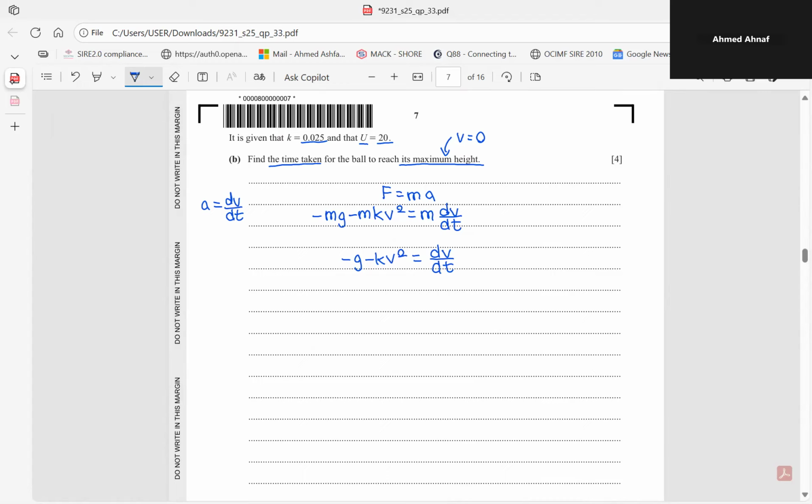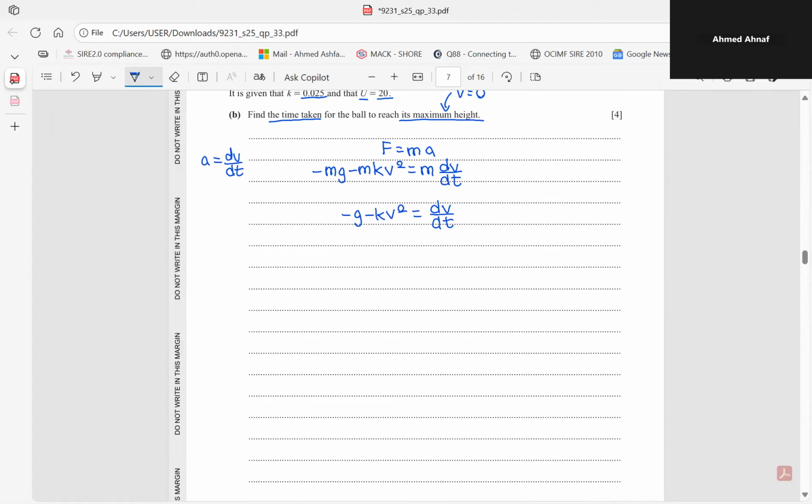Okay, and now we're going to separate the variables. So we'll move the dt over to the left-hand side. So again, dt equals 1 over minus g minus k v squared dv. We have a differential equation and we separated it. Now we're going to integrate both sides.